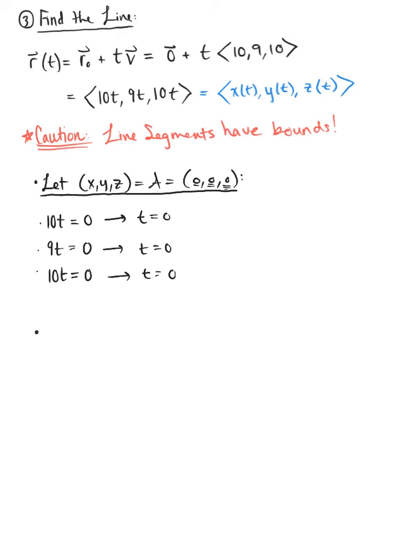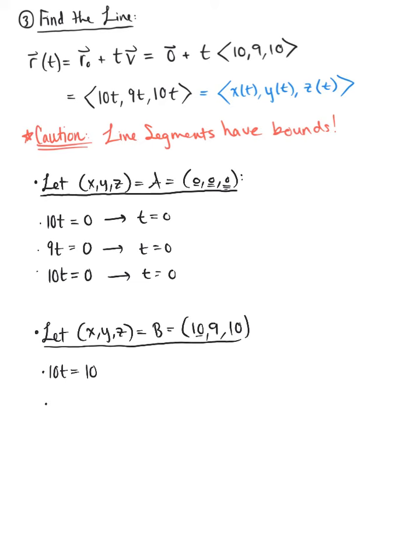Now we want to do the same thing with the second point that we're given. We're going to let (x, y, z), in this case, be defined by the point B, which is the ordered triplet (10, 9, 10). We'll do the same thing as case 1. We take x of t, which is defined here as 10t, and equate this to x, which is 10. We take y of t, which is 9t, and equate this to y, which is 9.